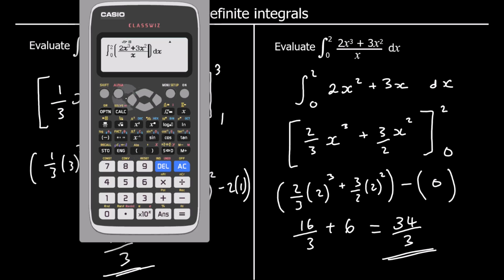Error. So let's change it to 3x and 2x squared. And we get 34 over 3.